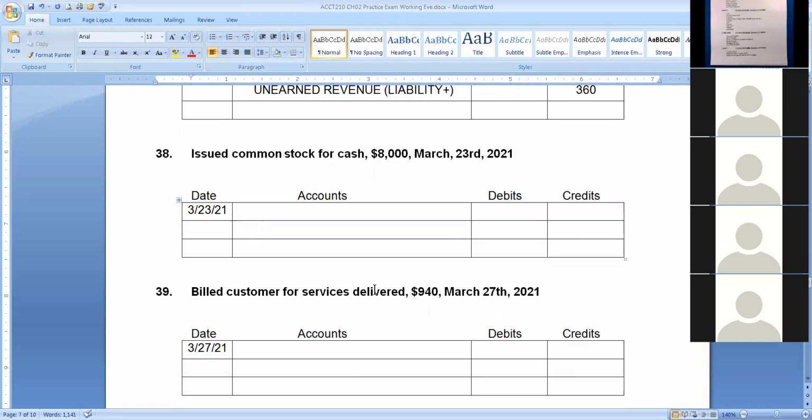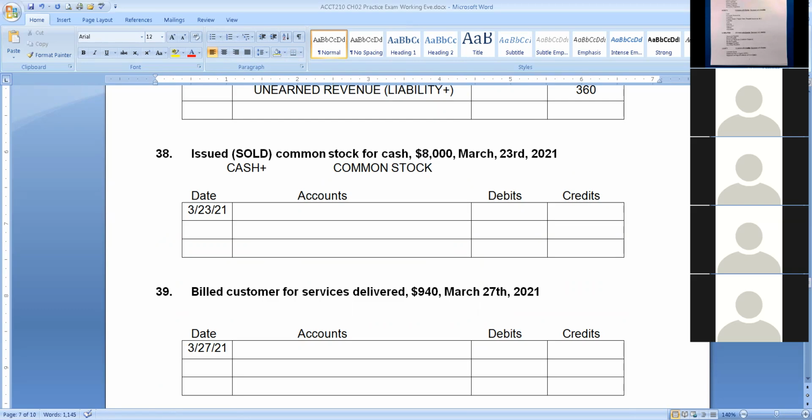Okay, 38. We had one just like this. What accounts are we going to use? Well, issue just means sold. Cash and common stock. Yep. Cash going up or down? Up. Common stock?